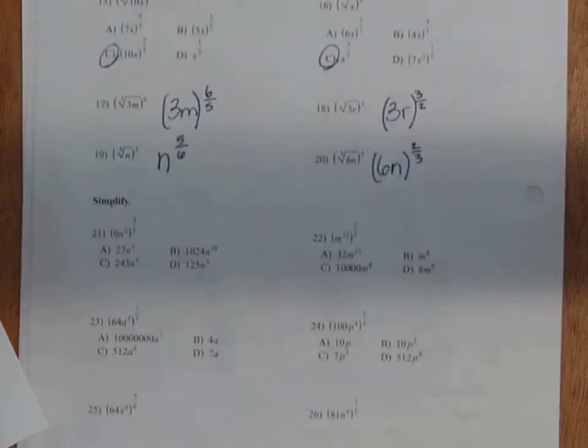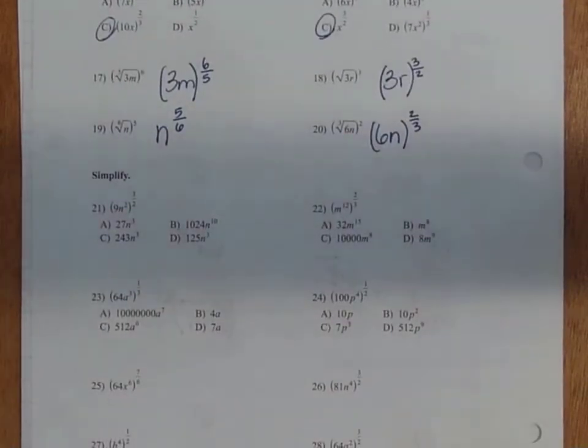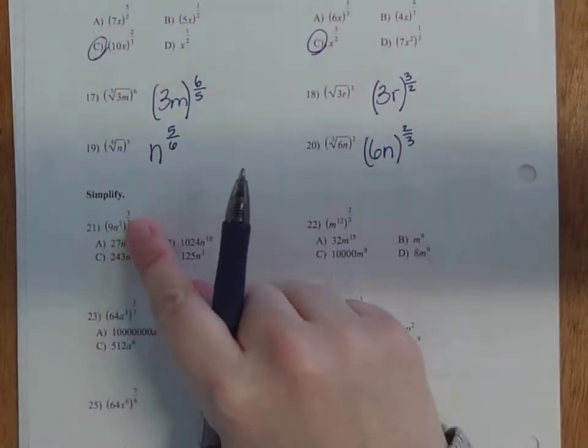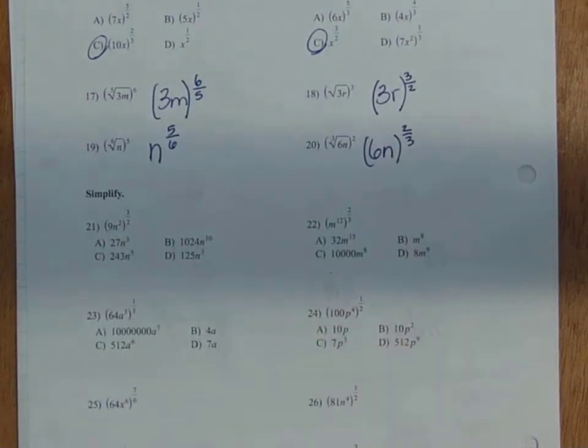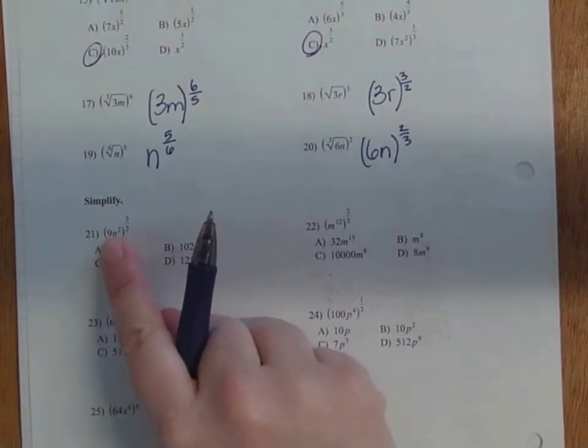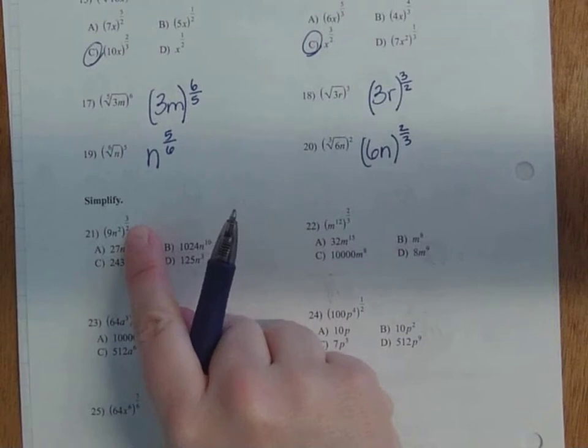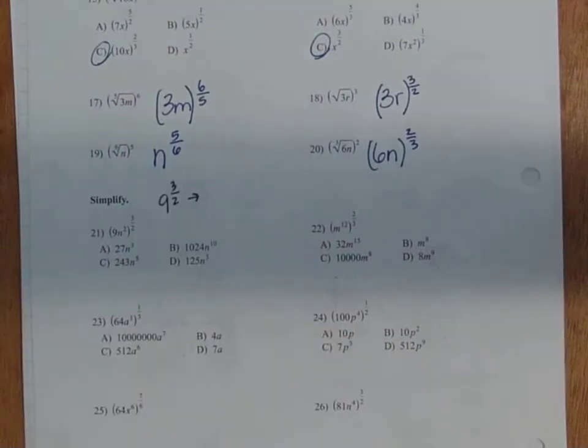Okay, so let's simplify these. We're going to do these together. So remember what we talked about yesterday. When we have the power of a product, everything inside gets the exponent. So 9 gets the exponent 3/2. What would you do first? What do you think, Cal? Find the square root of 9. Find the square root of 9, and the square root of 9 is? 3.